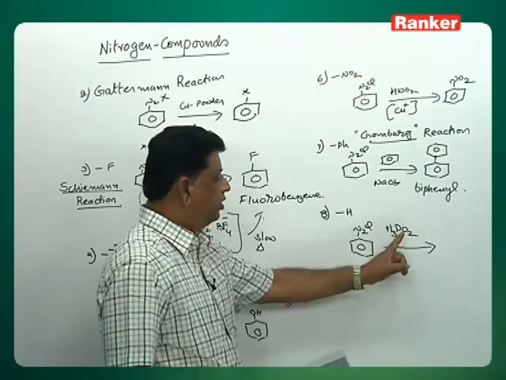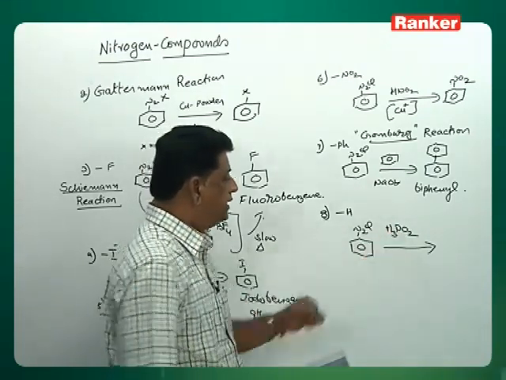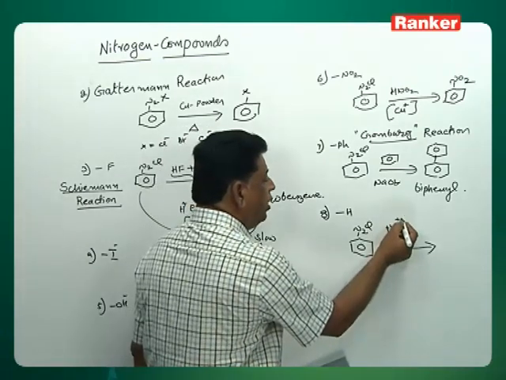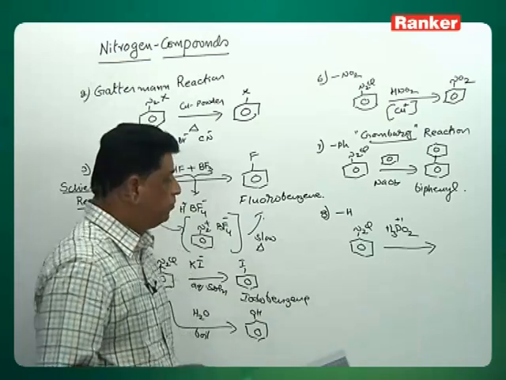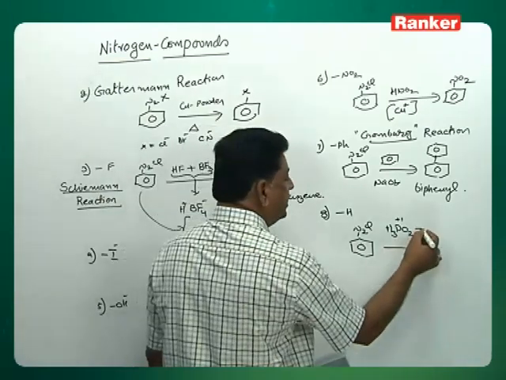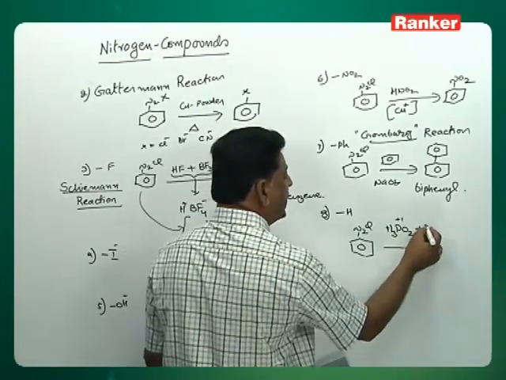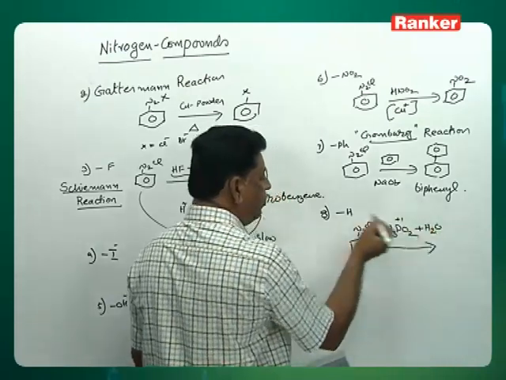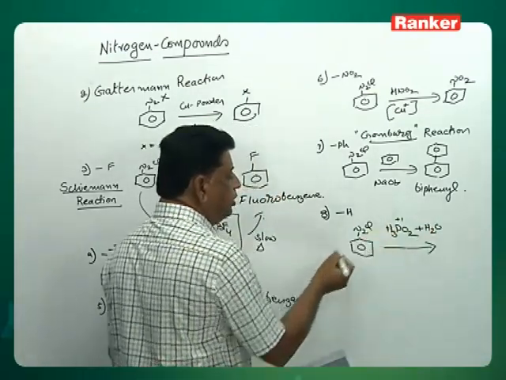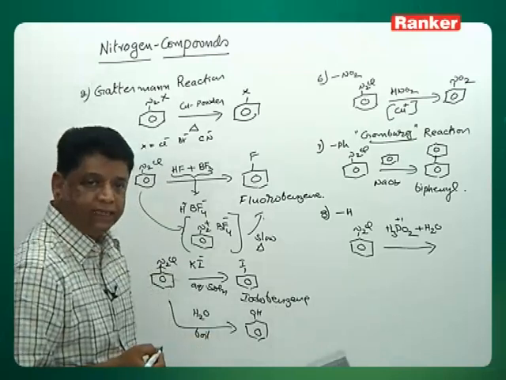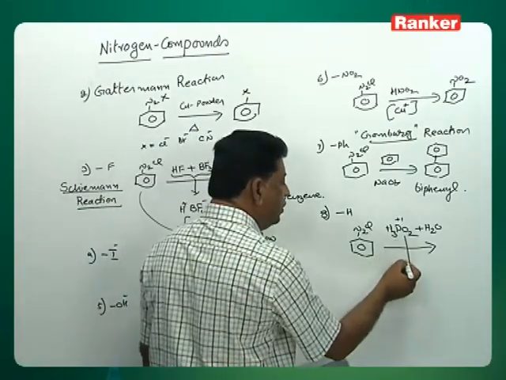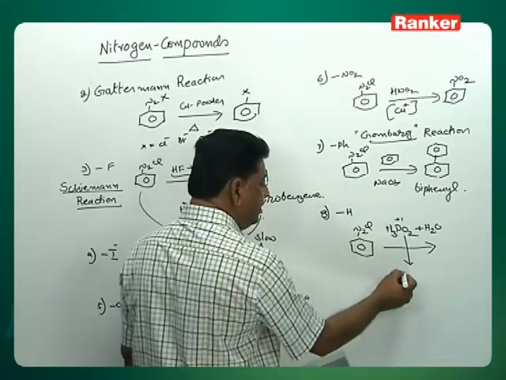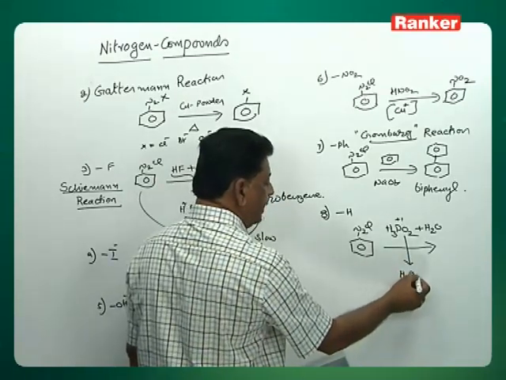This is -4, this is +3. So this contains +1. Lower oxidation states for the elements will help for the reduction. In presence of water, this H3PO2 is known as hypophosphorus acid and is used as a reducing agent. This converts finally into H3PO3.